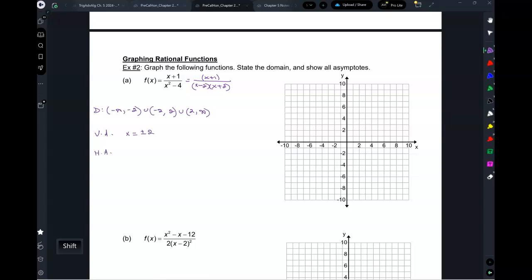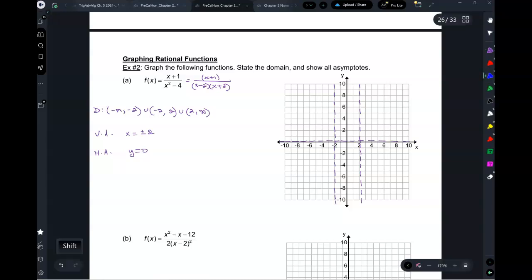What's the horizontal asymptote? Y equals 0. Okay, so at 0, we have a horizontal asymptote, and vertical asymptotes at 2 and negative 2. What else? Now we have to graph.